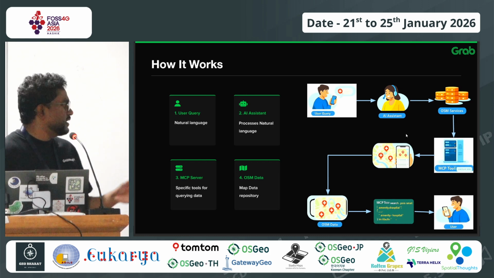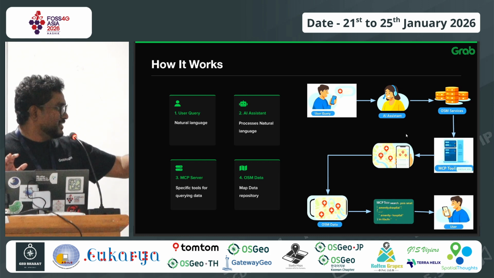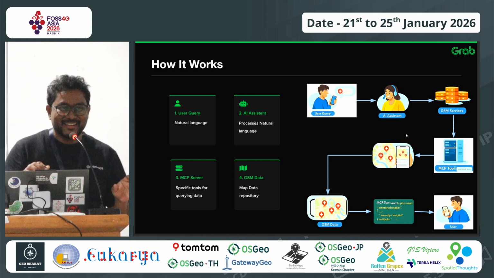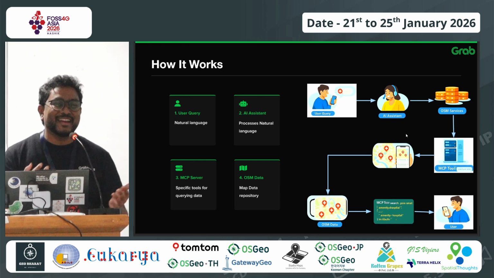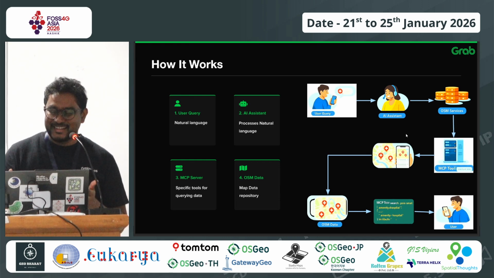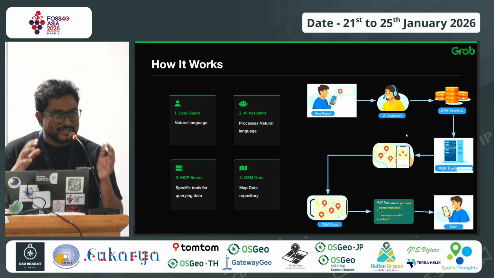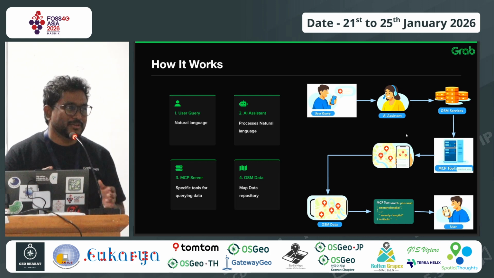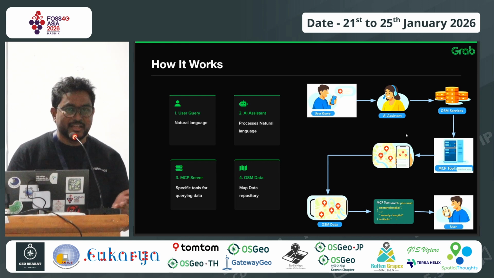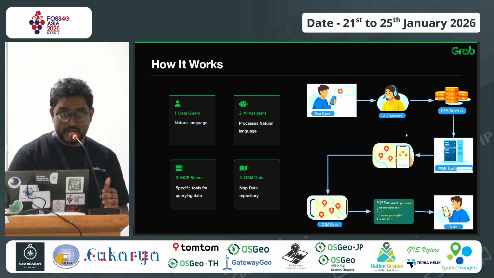So how it works: this image is a little bit over-explained, but the user queries, then it goes to the AI assistant, and in this tool it goes to some OSM services that we all know, like Overpass, Taginfo, the Changeset API, and a lot of other API endpoints, so that it will look at what the user is asking.